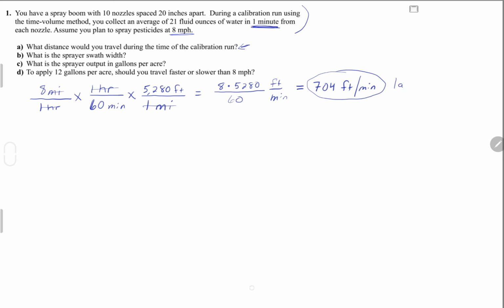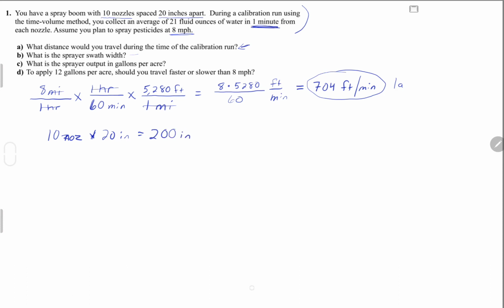Okay, so part B, what is the sprayer swath width? The swath width is calculated simply by taking the number of nozzles, which is 10 nozzles, and the distance they are from each other. So they're spaced 20 inches apart. So our swath width then is going to be 10 nozzles times 20 inches, or 200 inches.